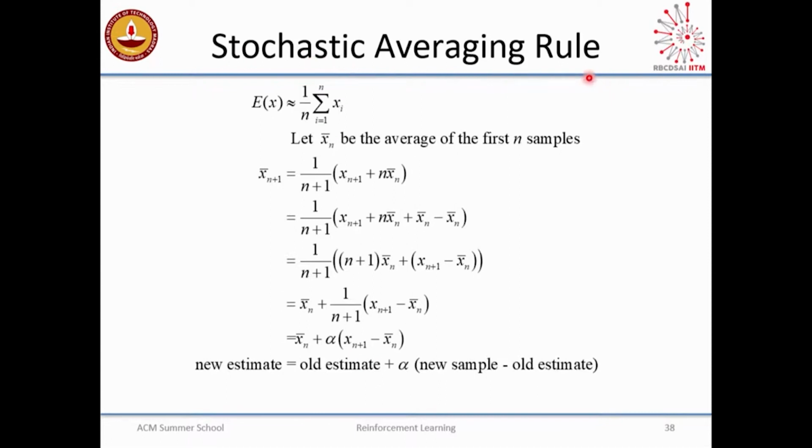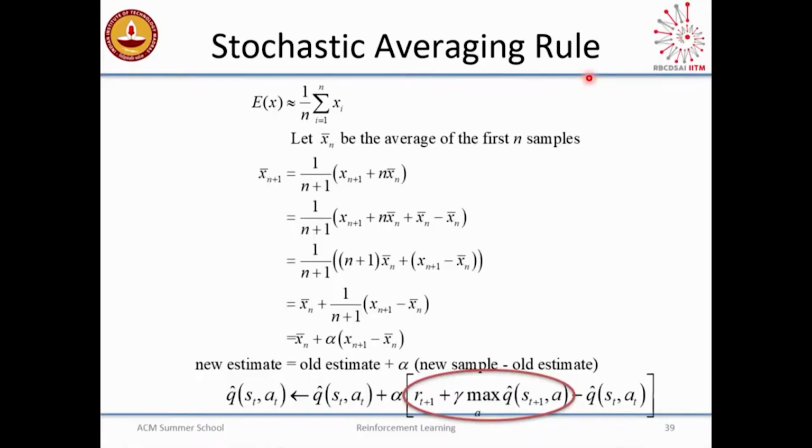So why is this of interest to us? If you think about it, this is the Q learning update rule I wrote, right? So what does Q learning do? It computes an expectation. Q star is an expectation, right? So if you think of this quantity in the circle there, that is just my new sample.